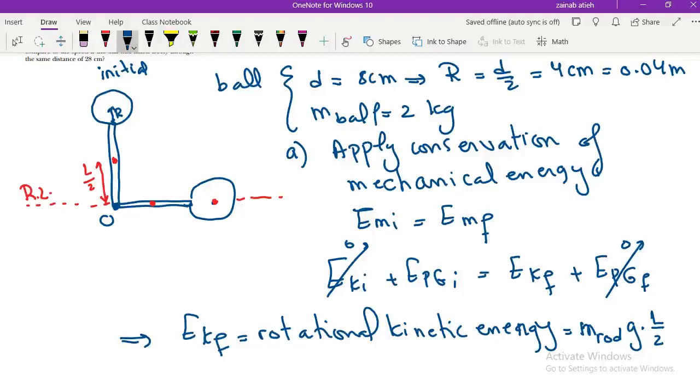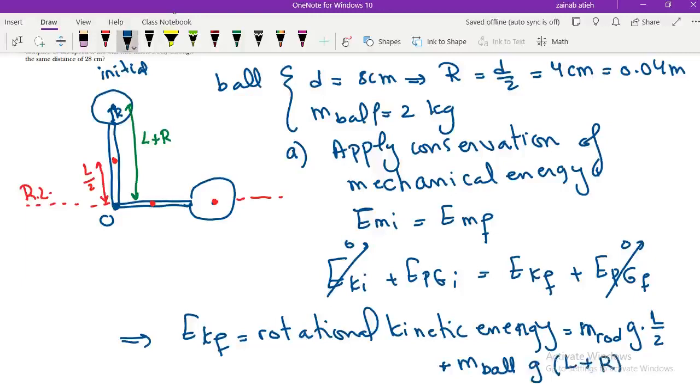Now the center of mass of the ball is at a distance from here to here of L plus R. Why? Because I have the rod, which is L, and I have the radius of the ball, so it's L plus R. So I will write here plus the mass of the ball, surely above the reference, M G times L plus R. Okay, I have everything.